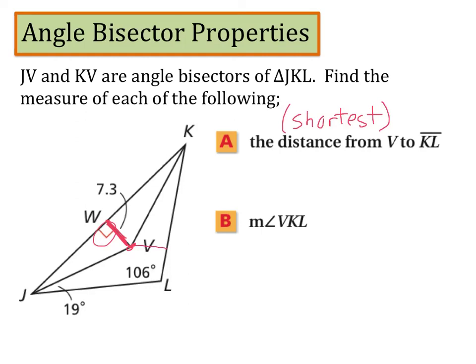So that'd be this point right here. Now, by the Incenter Theorem, all these segments to these lines are congruent. I could draw another one right here, and technically all of these segments should be congruent. So this is 7.3, and this distance is 7.3 as well.